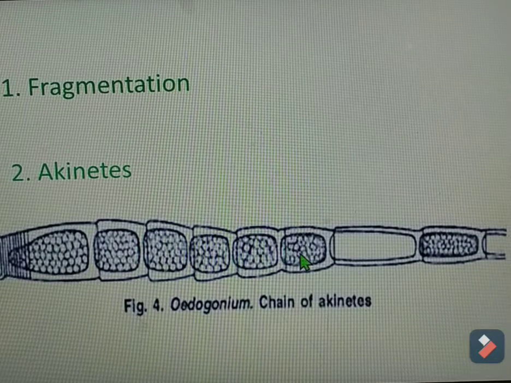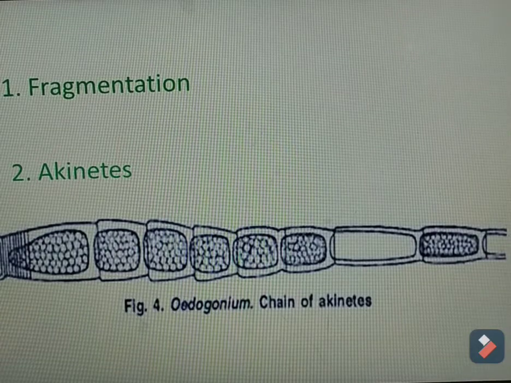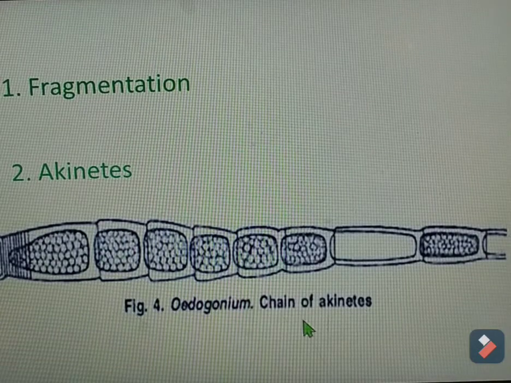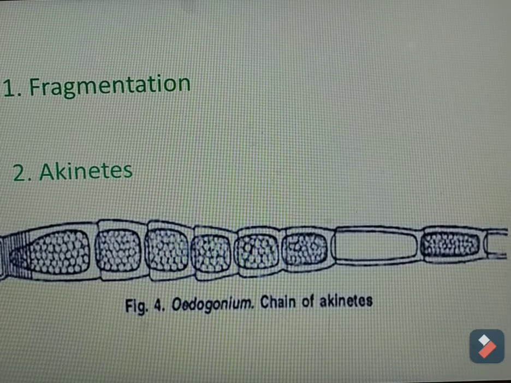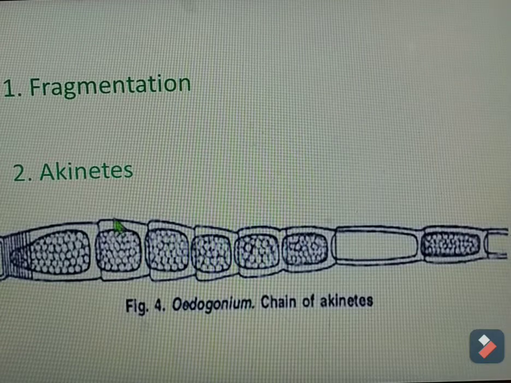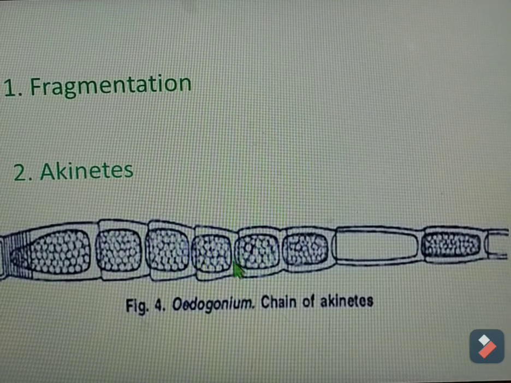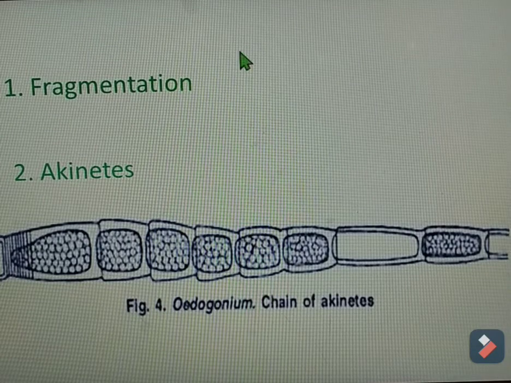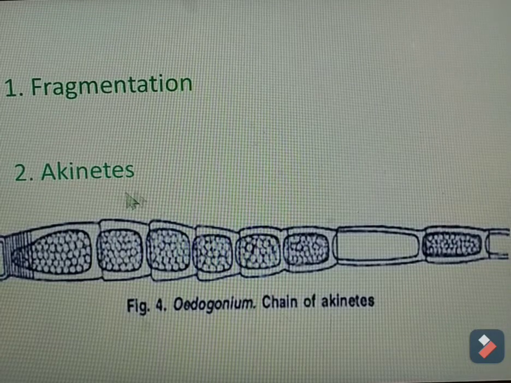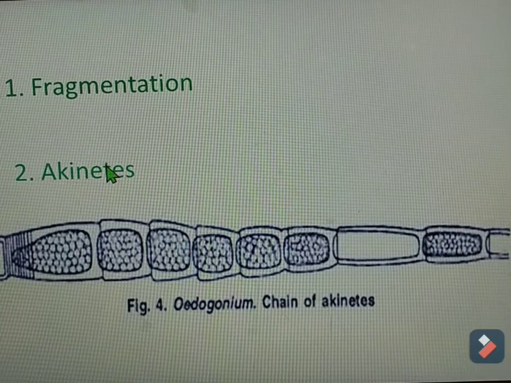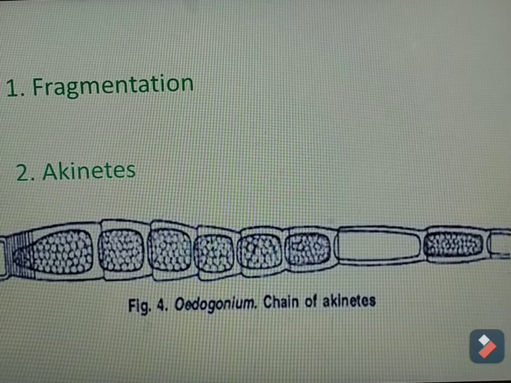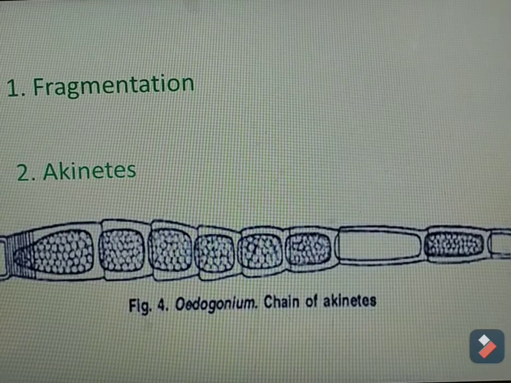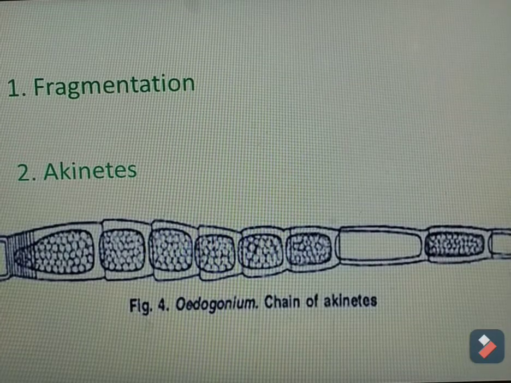They start to form when the condition is unfavorable, and they will germinate only when the condition is favorable, forming new filaments. So vegetative reproduction in Oedogonium can occur through fragmentation or through the formation of akinetes, which are formed under unfavorable conditions but germinate when the condition is favorable.